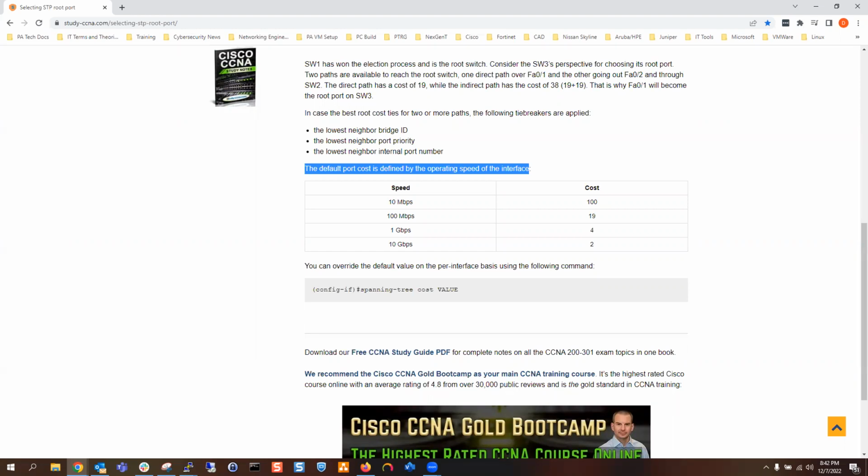Switch 2 to switch 3 has a cost of 19, or 4, and switch 3 to switch 1 has a cost of 2 because it's a 10 gig link. So my cost is 21 to get to switch 1 through switch 3 versus a cost of 100. Even though it's directly connected, it doesn't mean it's going to take that path.